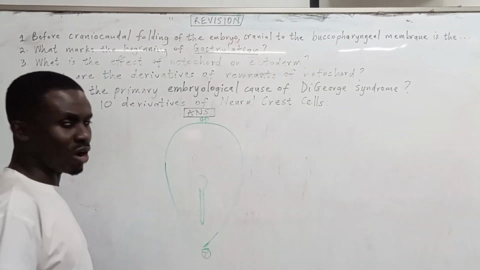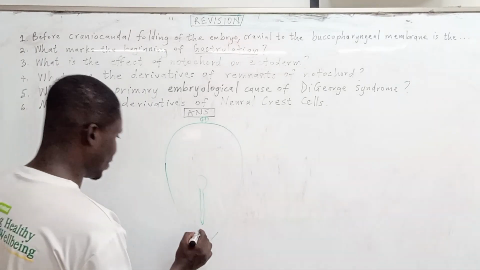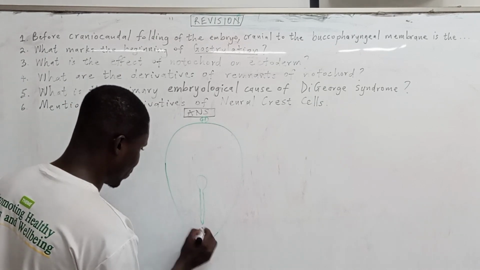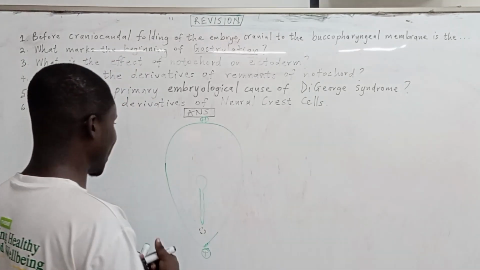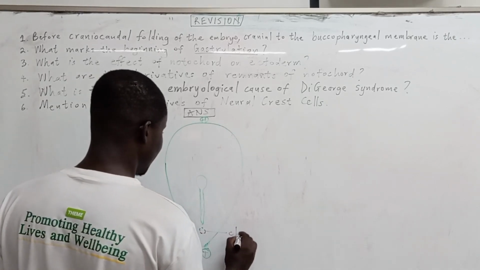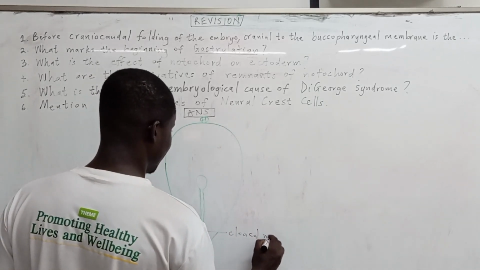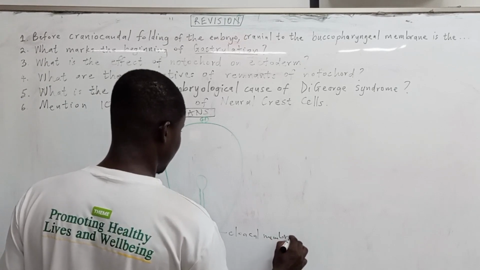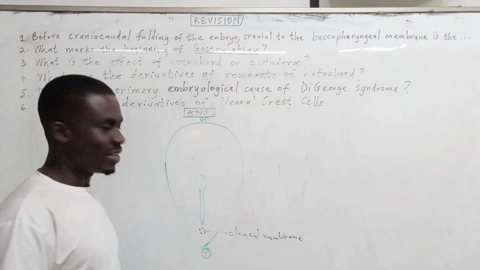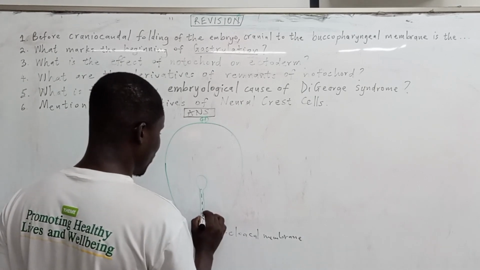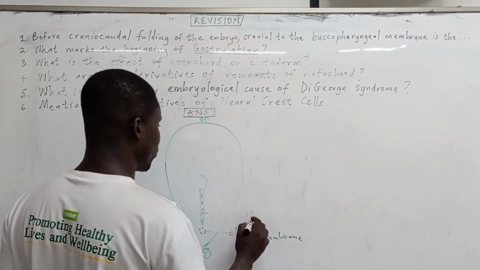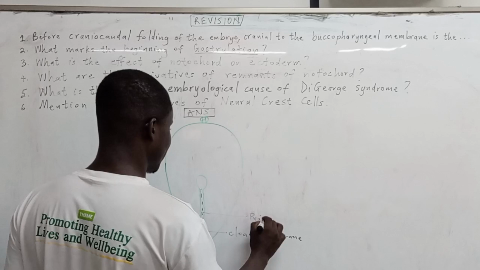And one thing that we are aware of also is that caudally, over here, we have the future opening of the anal canal by way of the cloacal membrane. Yes. And then this is the streak, something we call the primitive streak, going through the groove.